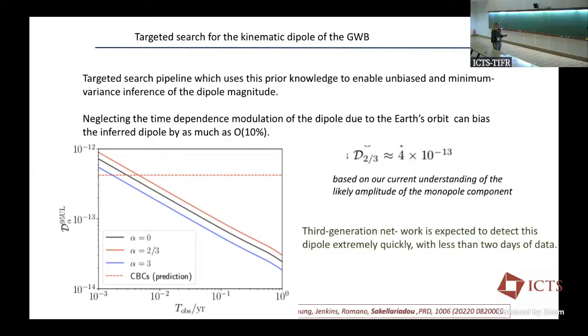And what we have found is that third generation detectors are going to be able, for the alpha, for the red one, which is 2/3, to detect the dipole, which is here, extremely quickly, in less than 2 days of data.